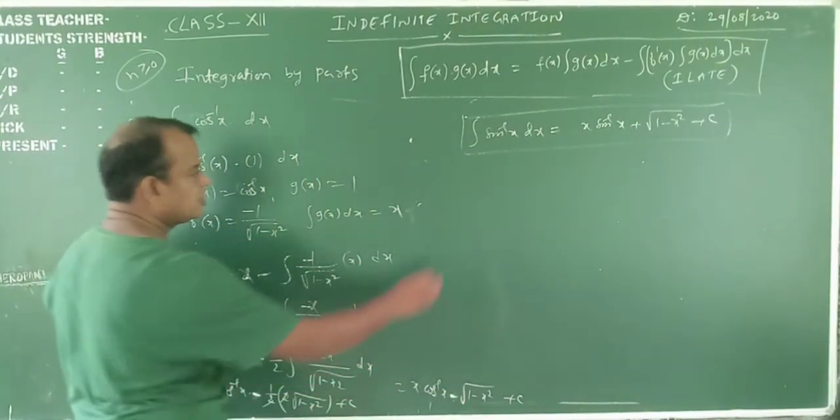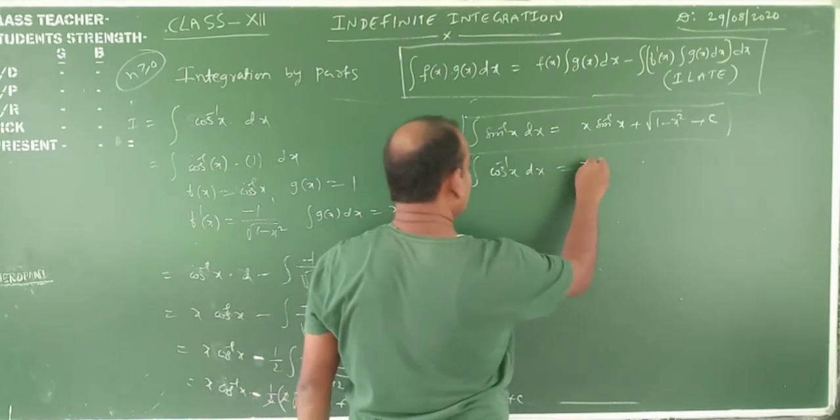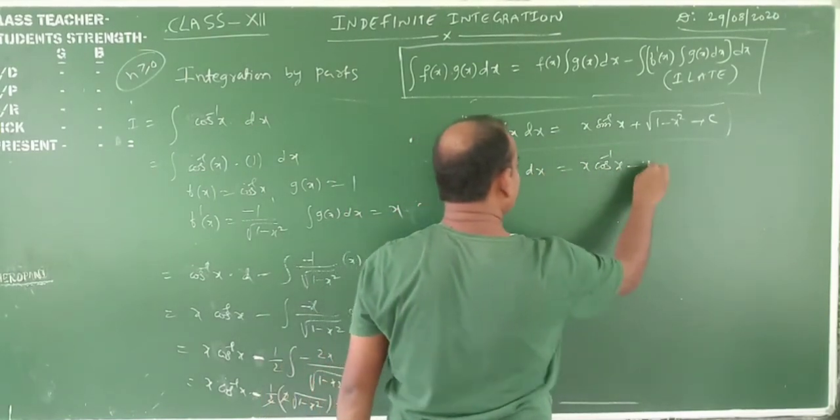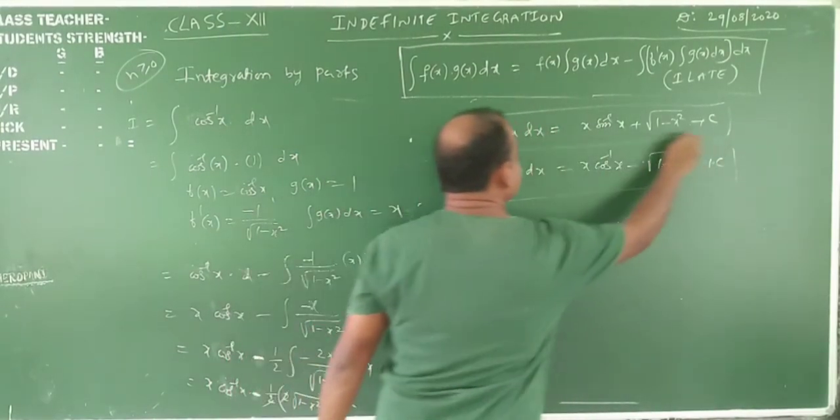What is the formula for the integral of cos inverse of x dx? That equals x cos inverse of x minus root over 1 minus x square plus c. My dear students.